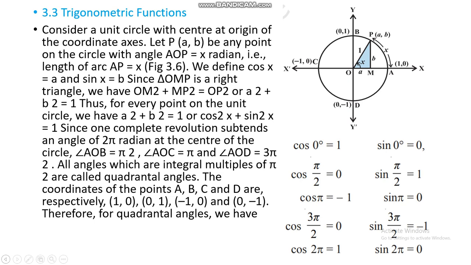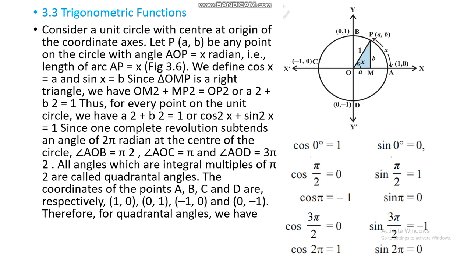Now in this topic 3.3, we are going to see trigonometric functions. Suppose this is a circle, which has the side O to A, and we can plot a point P with coordinates (a, b) on the circle, which has a radius of 1 unit, and we draw a perpendicular PM. So it has a horizontal side and a vertical side.